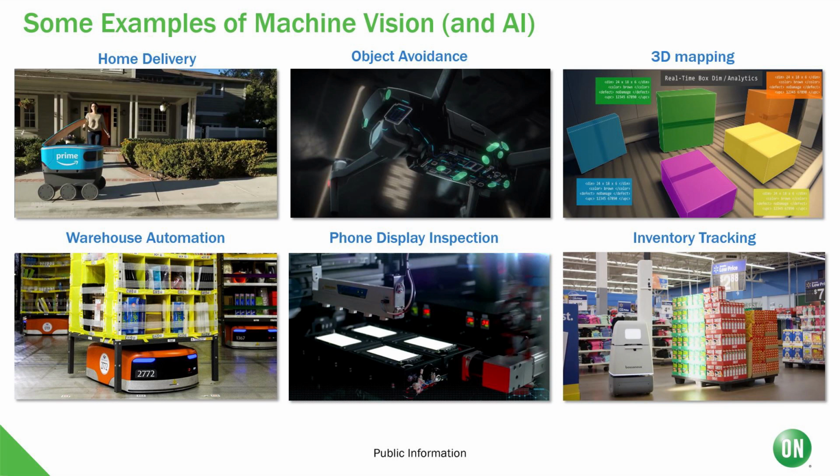Bottom left, warehouse automation or fulfillment. We're seeing lots of companies starting to build these types of devices. This is a case, for example, let's say an Amazon fulfillment center where we have tens of thousands of different SKUs. We need to fill tens of thousands of different orders. How do we get each of these products into the final box?